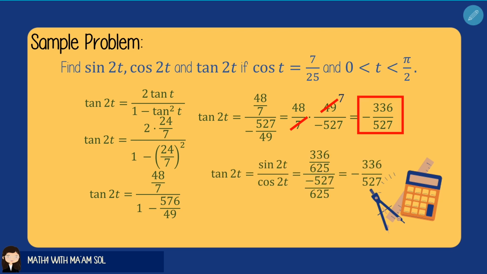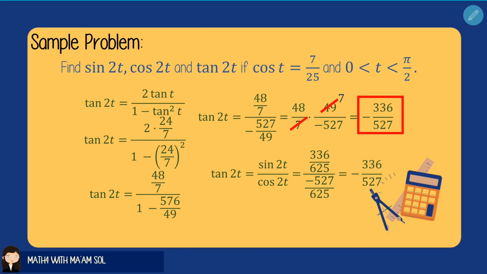So now we have an easier way to find tangent 2t because we know actually that tangent is the ratio of sine to cosine. So tangent 2t is the ratio of sine 2t to cosine 2t. Therefore, it's only equal to 336 over 625 all over negative 527 over 625.